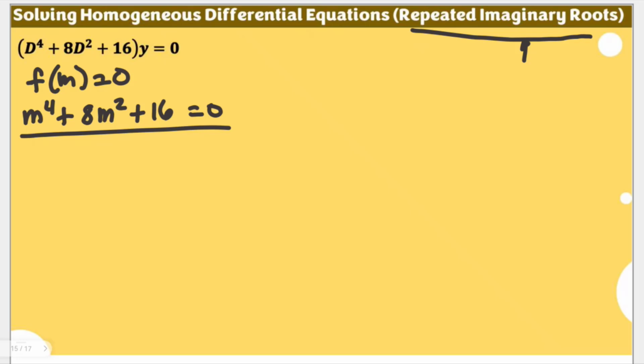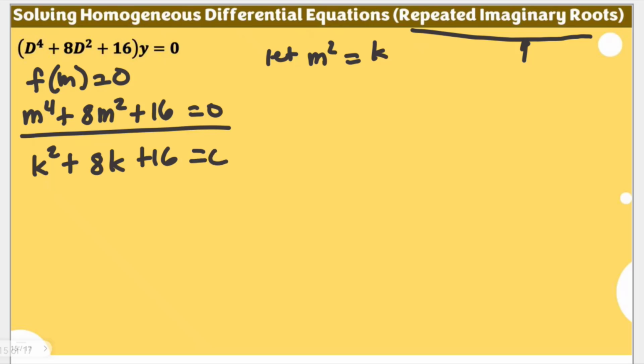But what I would like to do is this: what if we let m squared be equal to k? Then for our m to the power of 4, it's just k squared plus 8k plus 16 is equal to 0. We'll be returning to m later because it's easier for us to factor this in the form of a quadratic equation.